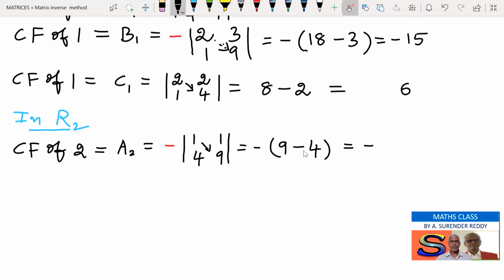So minus of 9 minus 4, 5, it becomes minus 5.